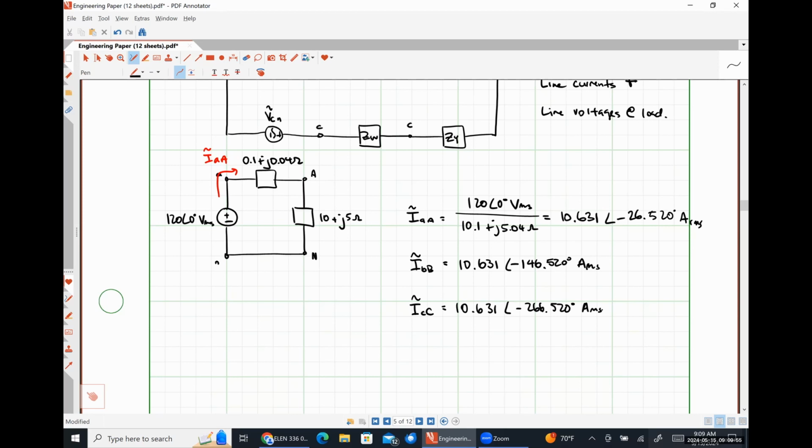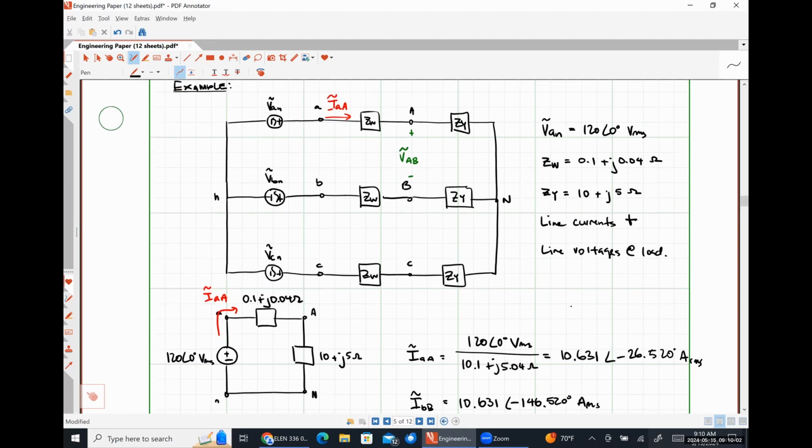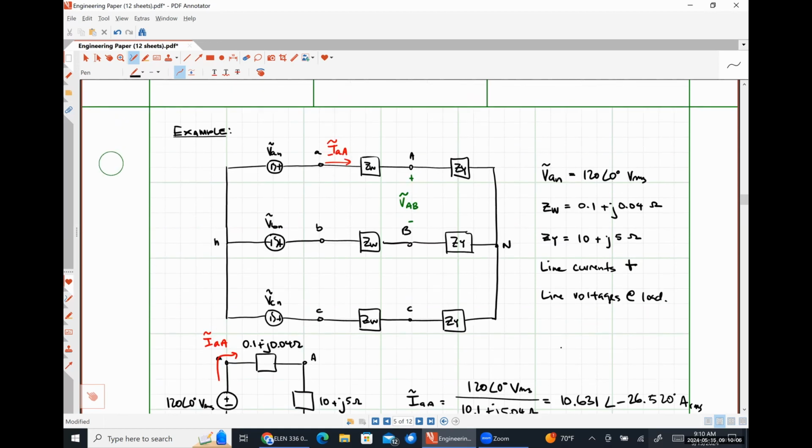Now we need to sort out how we're going to get those line voltages. A couple of minutes ago, we observed that our voltage VAB, the line voltage, was simply VAN minus VBN.